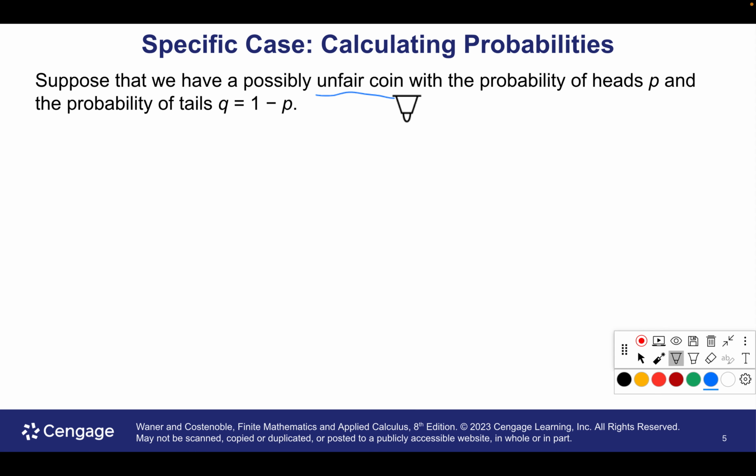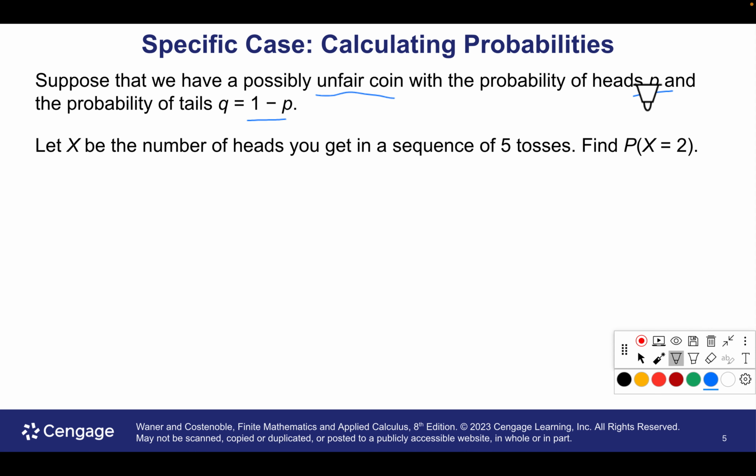They don't tell us what it is, and for this case, it's not so important. The probability of heads is P, and the probability of tails is Q, which is 1 minus P. Again, the actual probabilities are not as important, but we know it's not fair, so it's not going to be 50-50.